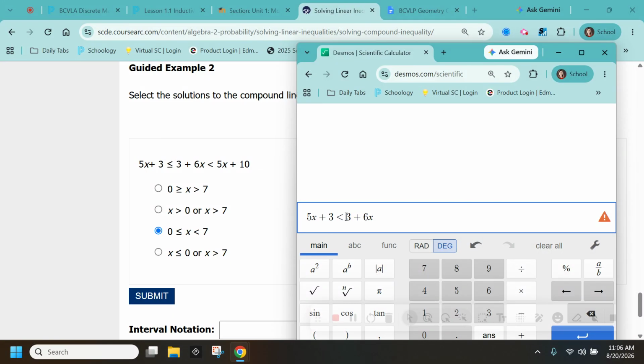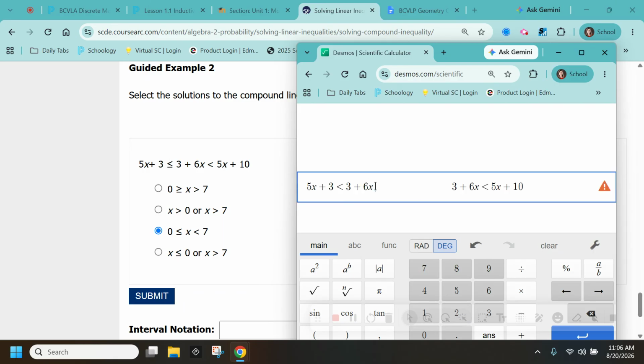And then the other side of this is 3 plus 6x less than 5x plus 10. Since I do not have the less than or equal to, we will just have to remember that when we get to the bottom. And we're going to solve both of these.